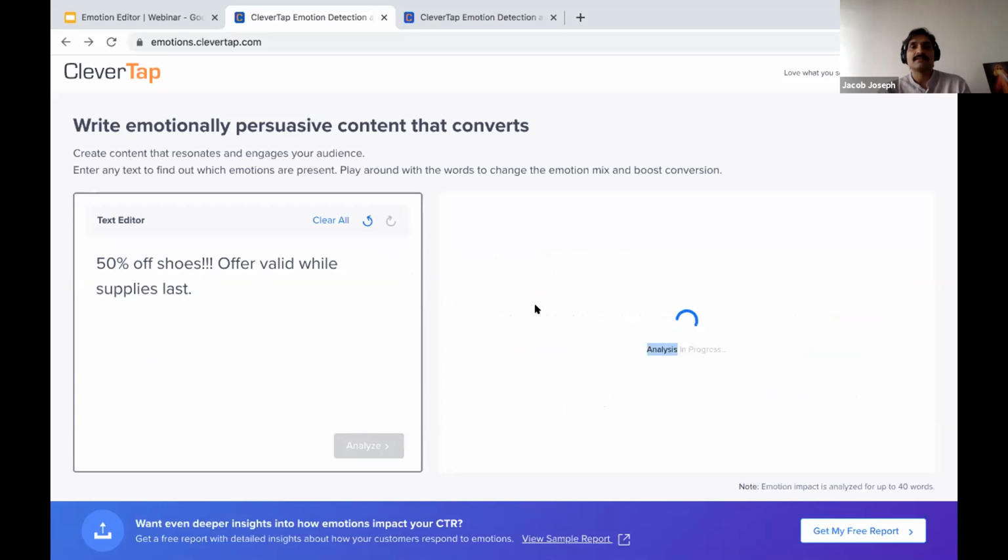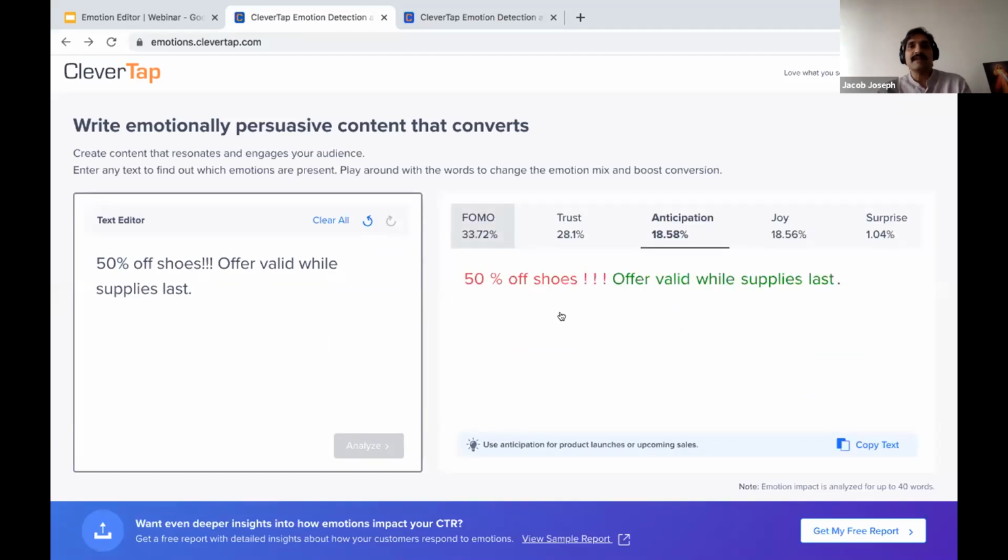This is expected to have high FOMO, followed by trust. Now, suppose the marketer is not happy with the percentage, 34%, and maybe wants to increase it further. So let's tweak certain words over here and see what could be the impact.